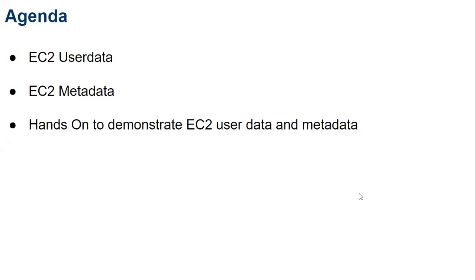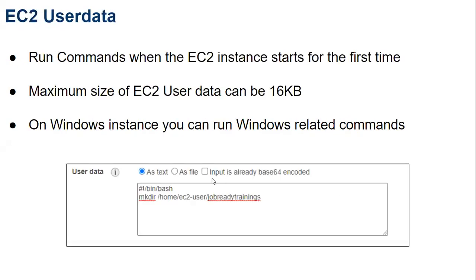So let's see what is EC2 user data. Consider a scenario where you want to configure your EC2 machine. That means whenever it launches for the first time, you want to execute a set of commands for the first time. In that case, you can use EC2 user data. For example, when your EC2 machine gets launched, you want to install a web server on that EC2 machine.